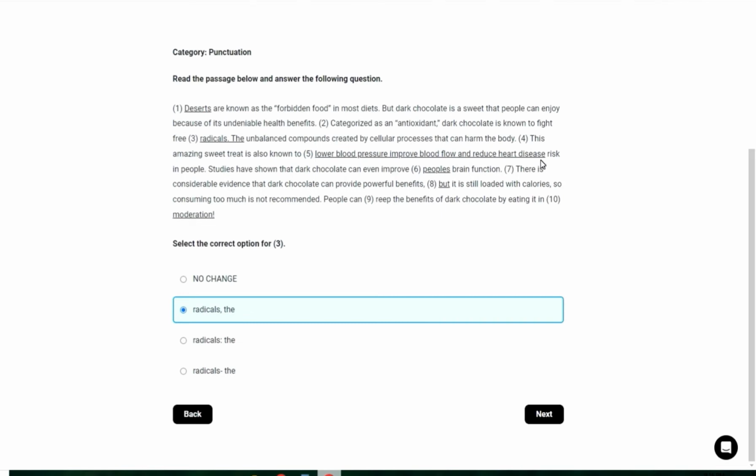Radicals, colon, the unbalanced compounds created by cellular processes that can harm the body. Now, this one's kind of a tricky one because we talked about this earlier, that a colon can help to emphasize a thought. And you might think, okay, this is emphasizing what free radicals are. But think about it. A colon has to emphasize everything in the sentence. So categorizing it as an antioxidant, dark chocolate is known to fight free radicals.